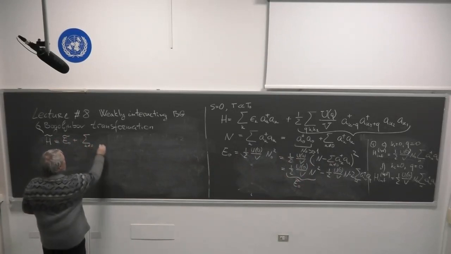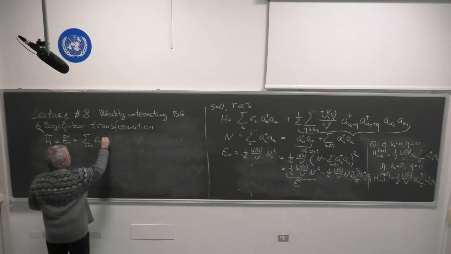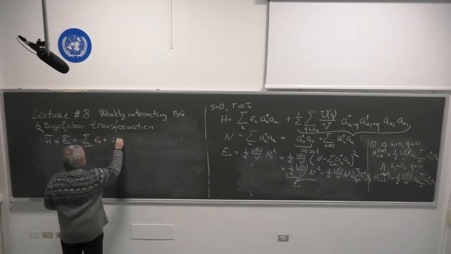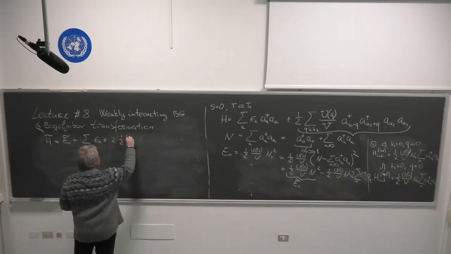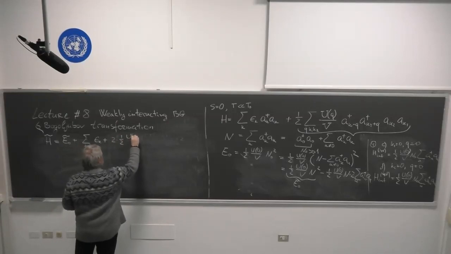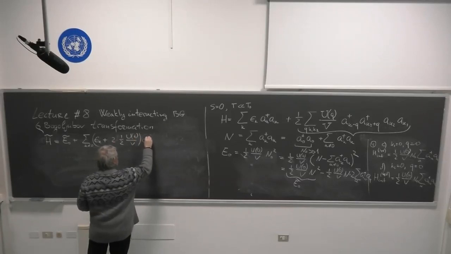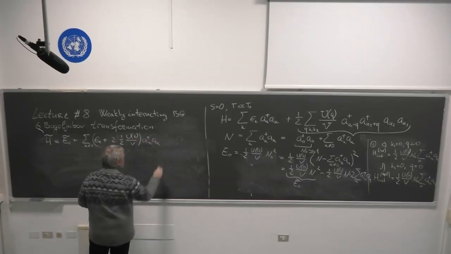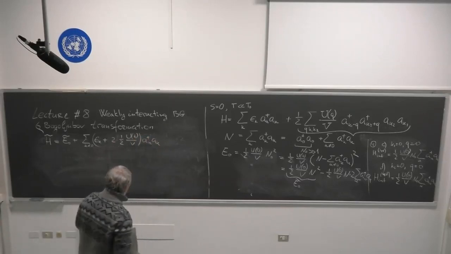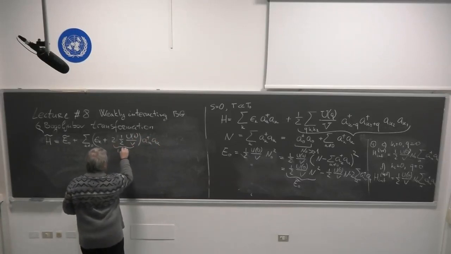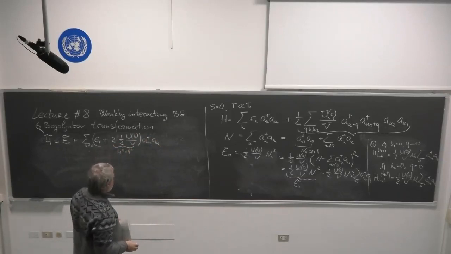I have epsilon k plus two terms times 1/2 times U k over V times a dagger k a k. These two terms are for A plus for B, right?